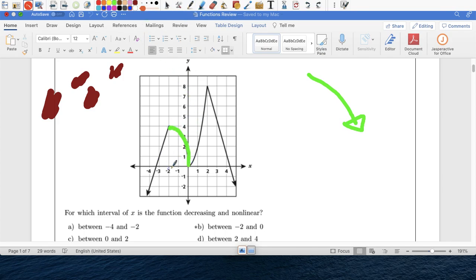Well, it starts here at -2. So if you look at the bottom, it starts at -2, right here, and it goes all the way to 0. So in this interval, that function is decreasing, from -2 to 0. And you can see it from there. It's decreasing and nonlinear. And what's the multiple choice answer? B.